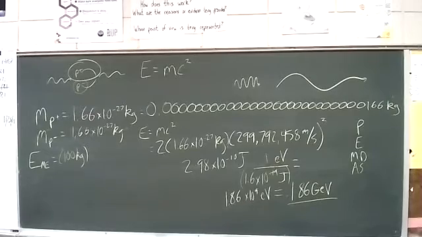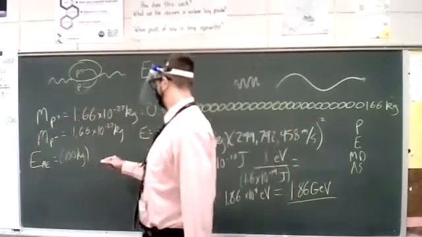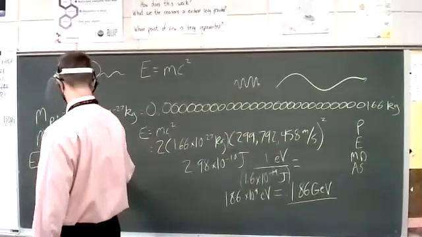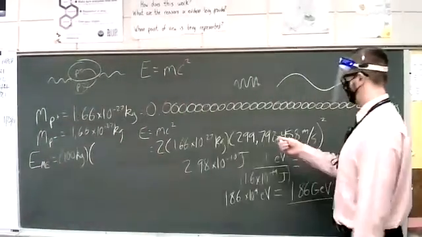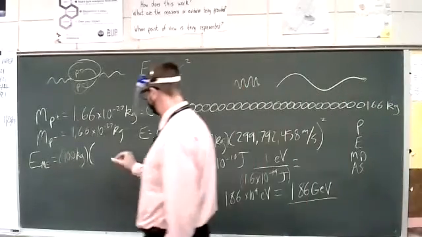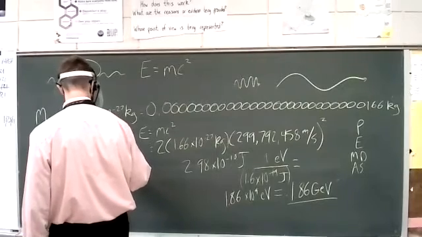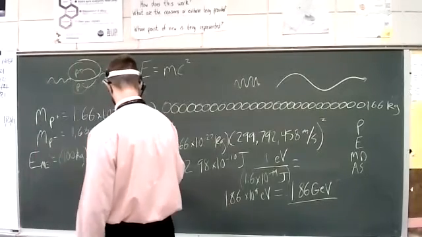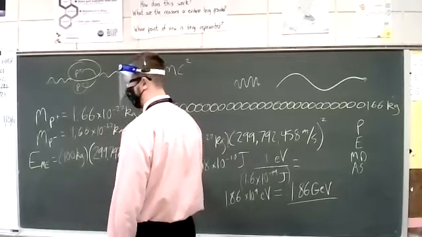So if I were to calculate how much energy would be liberated if I shook hands with my anti-self, then it would be 100 kilograms times, now we can round this, 3 × 10⁸ meters per second, but let's be as precise as we can be: 299,792,458.